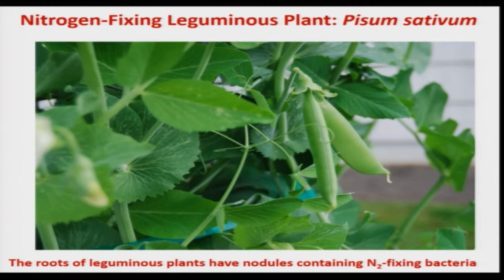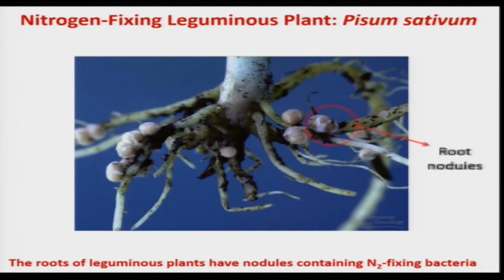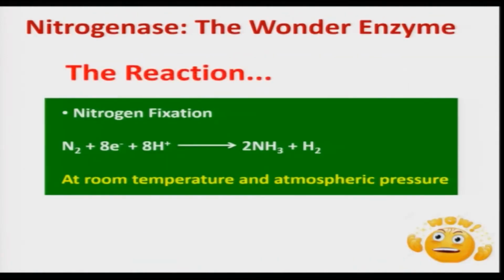You have all seen the root nodules, where an enzyme called nitrogenase is present, which fixes aerial nitrogen to ammonia at room temperature and normal atmospheric pressure, and this is very important. So, nitrogenase is the enzyme that does all this miracle in biology.